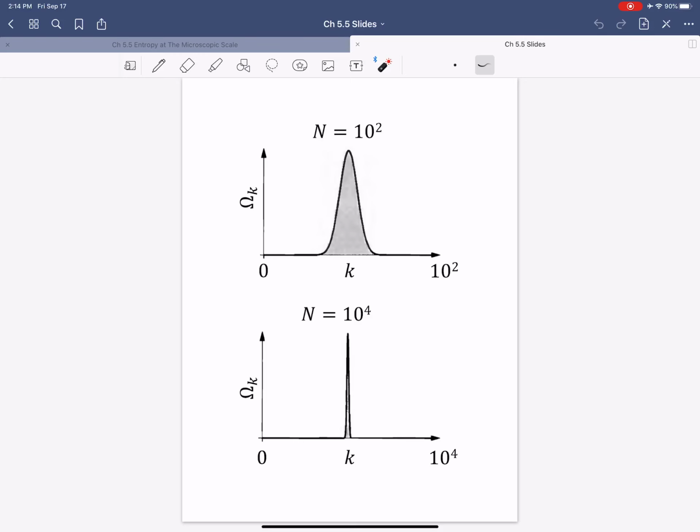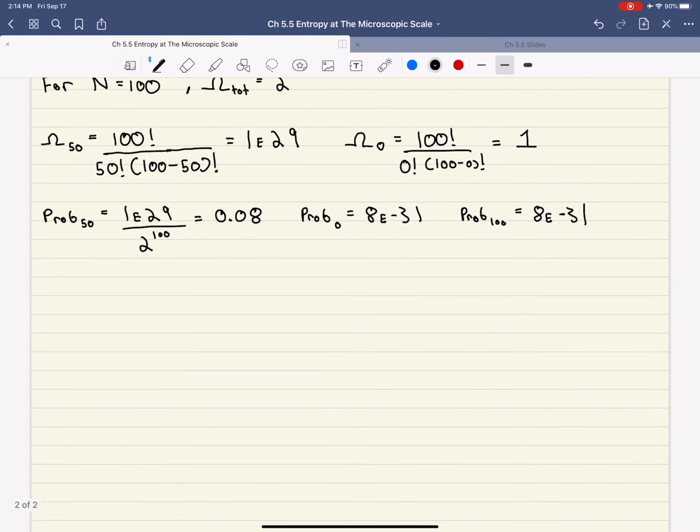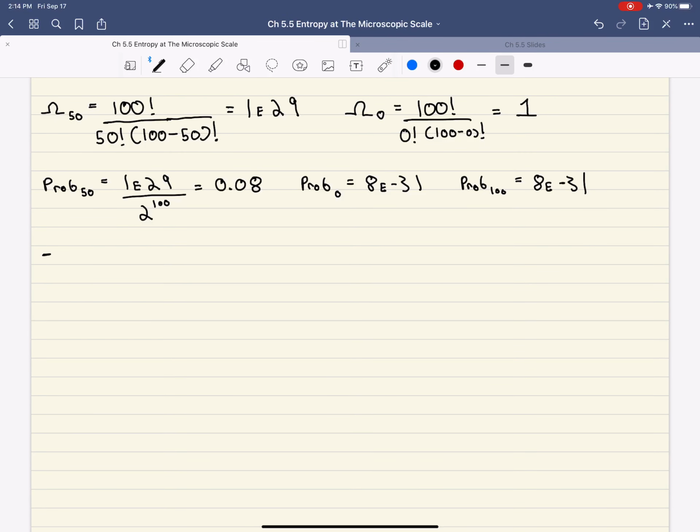At least what I want you to get out of this is that the standard deviation of the distribution of our multiplicity, omega k, decreases as the number of coins in our collection goes to infinity.